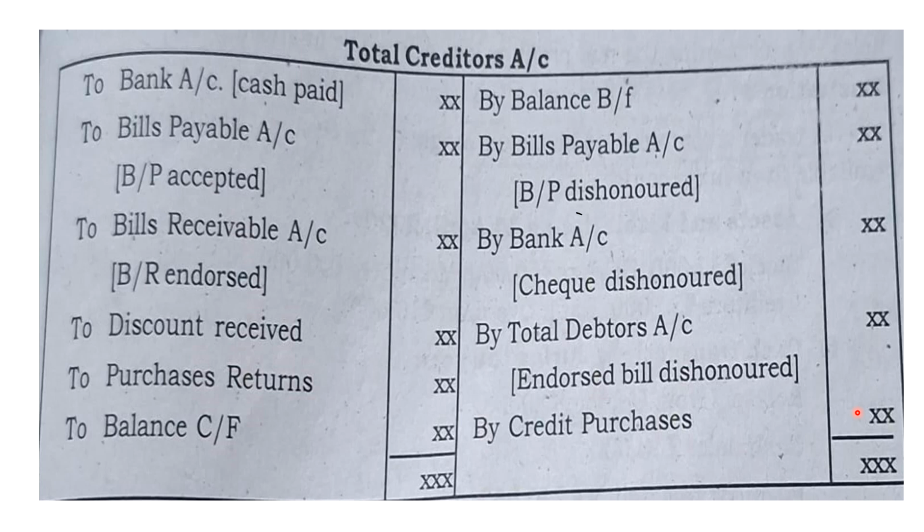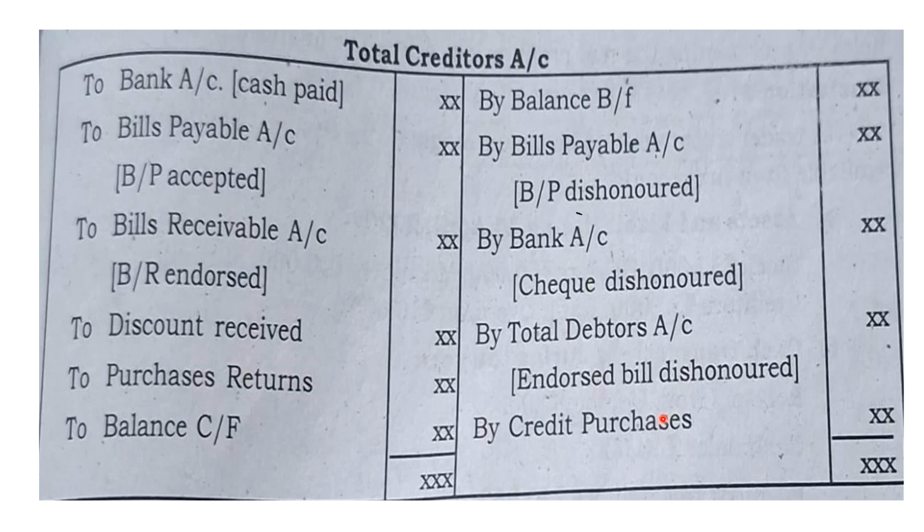Sometimes there might be a question to find out the total purchases during the year. When you get a question on total purchases, the answer you get, credit purchases, has to be added to the cash purchases given in the question.